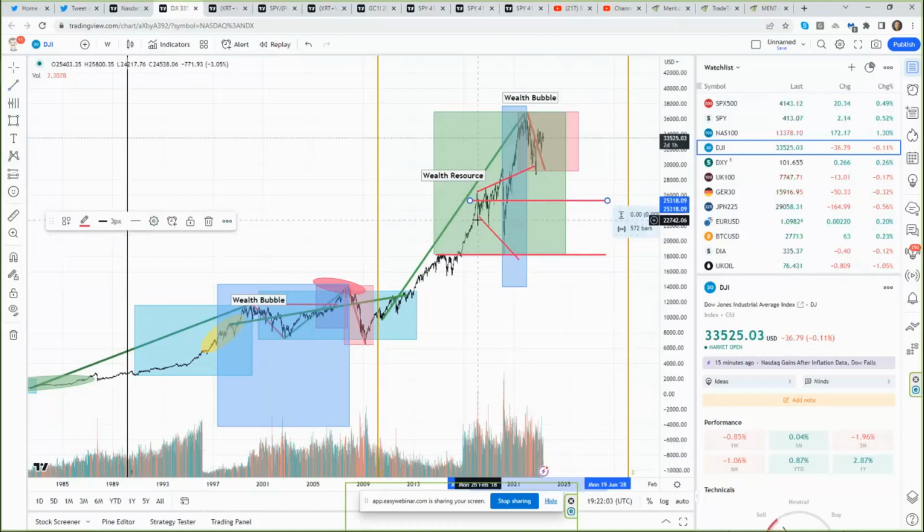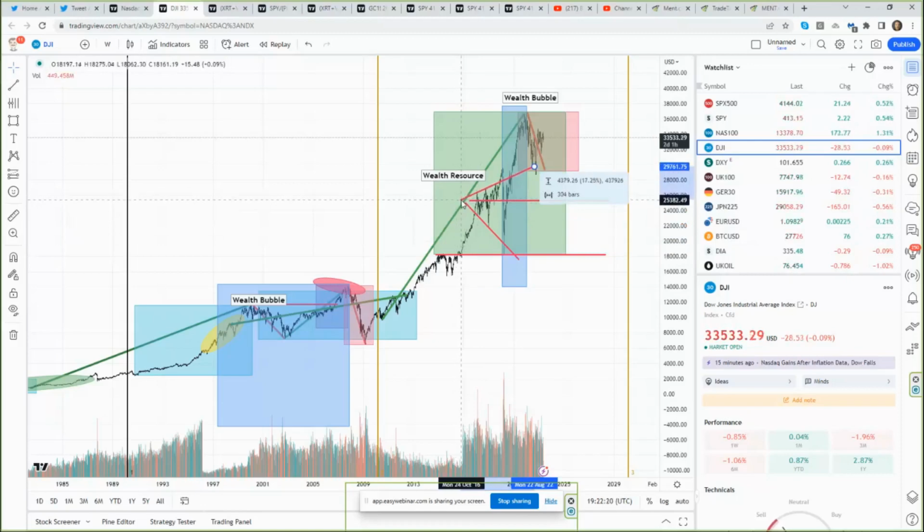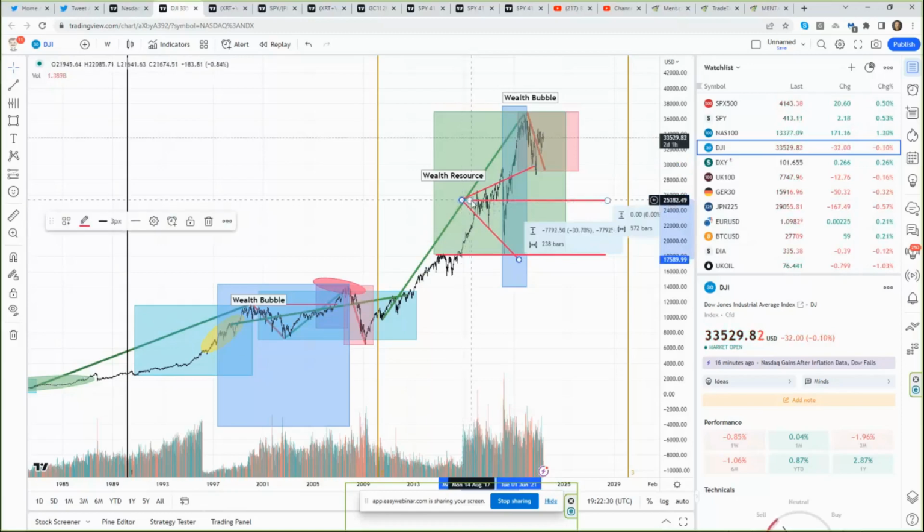And remember, you want to see where this apex is. We come across here. And we come across here. So somewhere about here.